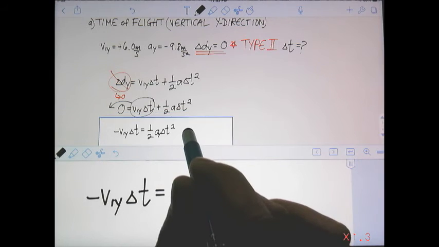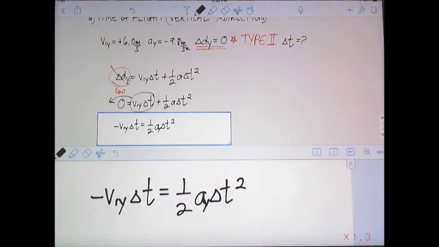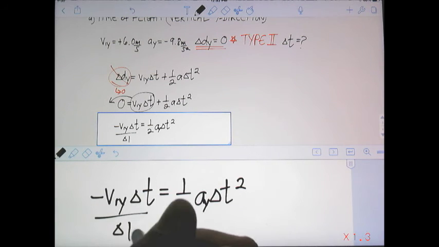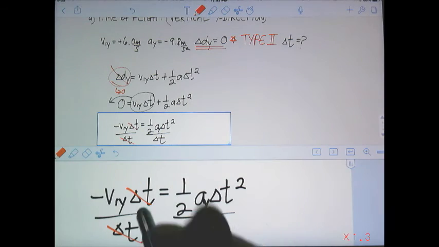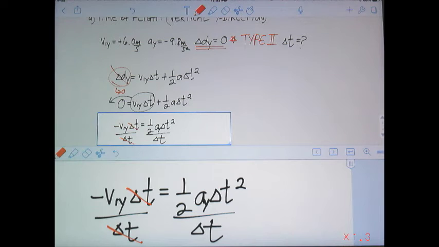Now here's where the math skills come in. On the left side, we have a delta t in every single term, and we also have a delta t in every single term on the right side. So we can actually divide both sides by delta t. What we're doing essentially is reducing this expression, just like you would reduce fractions. We're not changing the value or the meaning, we're just reducing it. If we do so, the delta t's on the left side will cancel out, and the delta t's on the right side will be reduced.